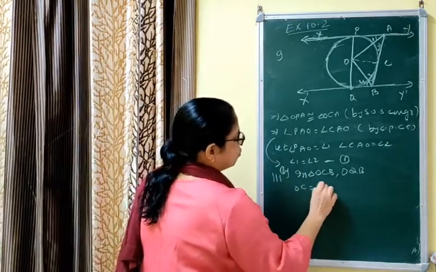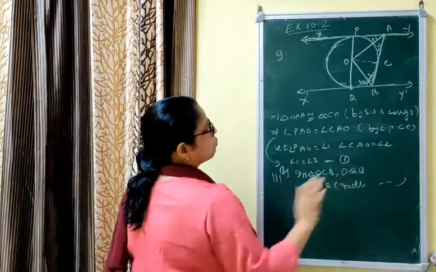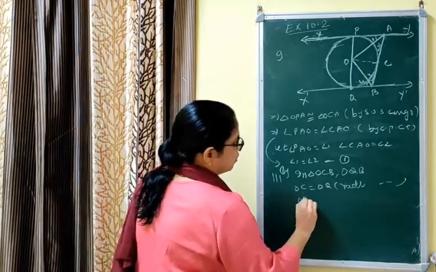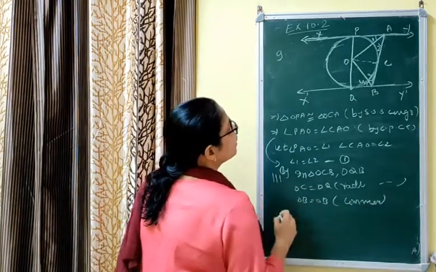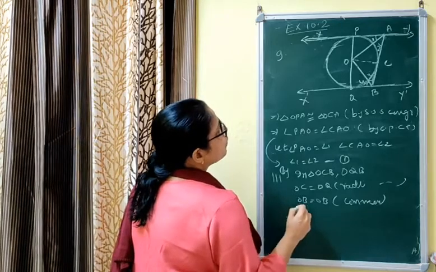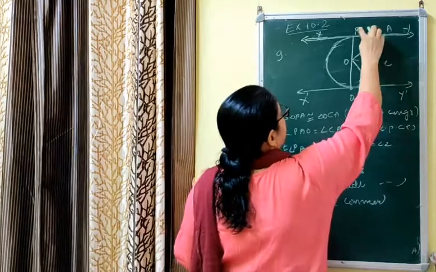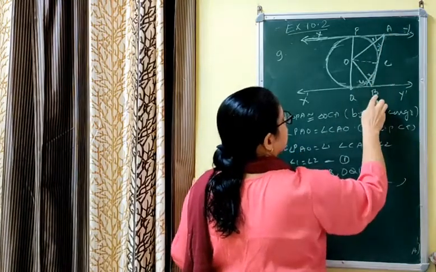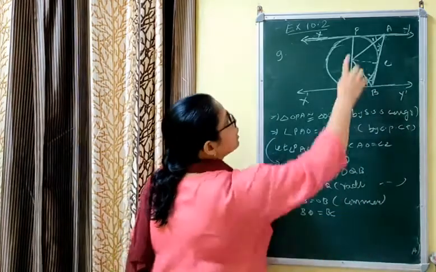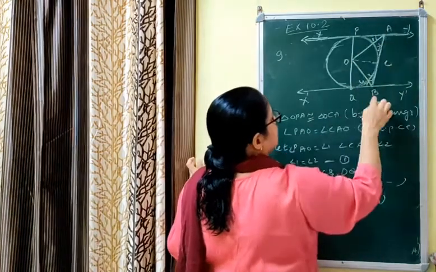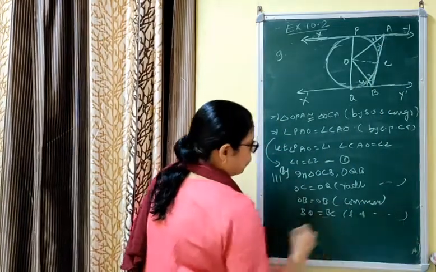OC equal to OQ, again radii of the same circle, and OB is equal to OB by common, and BQ equal to BC. Above we took two tangents from A, below we have to take two tangents from B. BQ equal to BC, lengths of tangents from an external point of the circle.